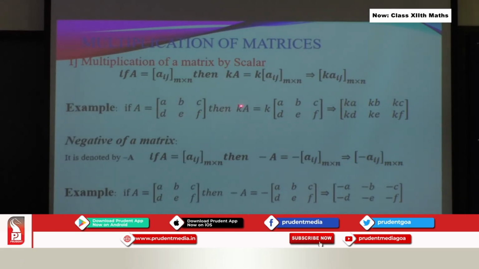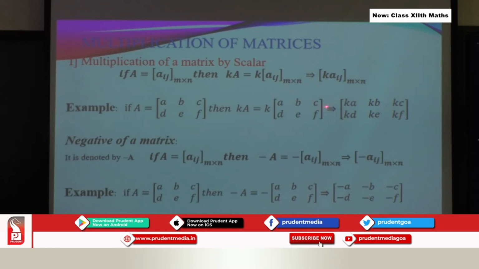There is no restriction. But when you talk about addition and subtraction, both matrices are supposed to be of the same order. Now over here see, this constant K is multiplied to this matrix A. So this K will go to each entry. Look at this. Here see, KA, KB, KC, KD, KE, KF.